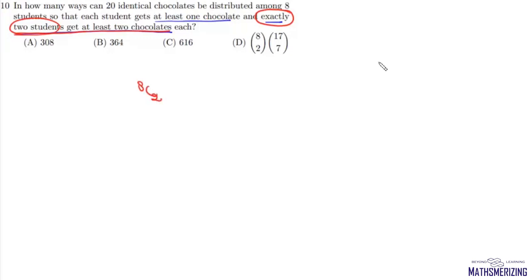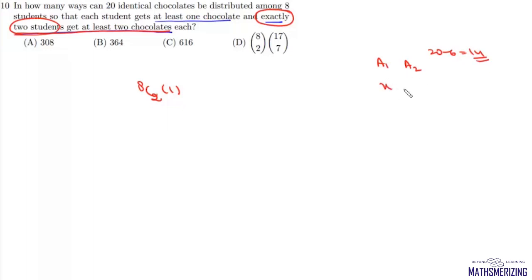Now suppose these 2 students are A1 and A2. Now for the remaining 6 students, we have to give them 1 chocolate each, and since the chocolates are identical, it can be done in only one way. Now we have to distribute the remaining 20 minus 6, that is 14 chocolates, between A1 and A2.